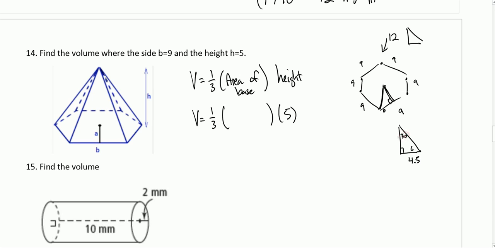It's a 30, 60, 90. This is going to be 4.5 root 3 for the height. And so the area of that triangle is 1/2 times 4.5 times 4.5 root 3.